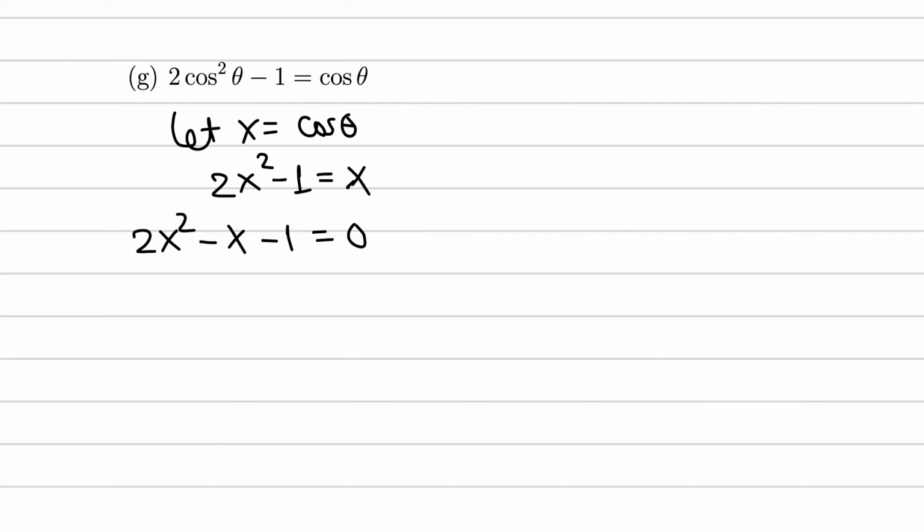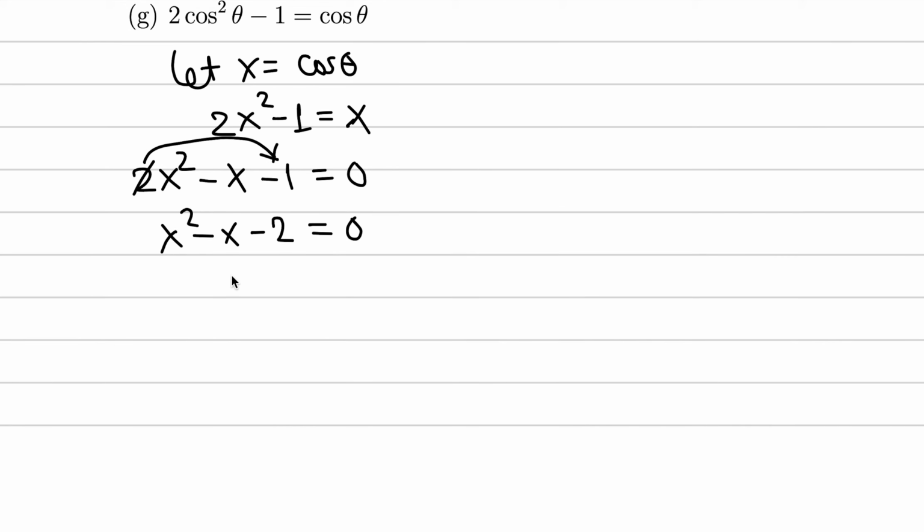You can factor if you know how, but you can also multiply so that factoring is easier. So x squared minus x minus 2. Now this one is easier to factor.